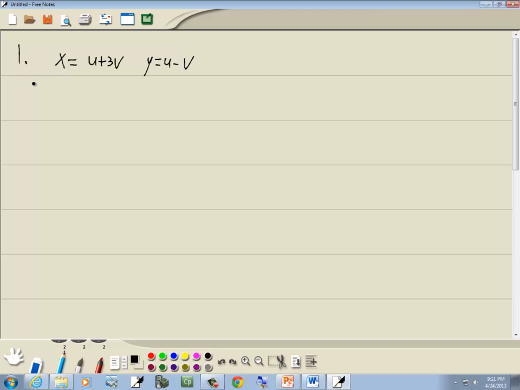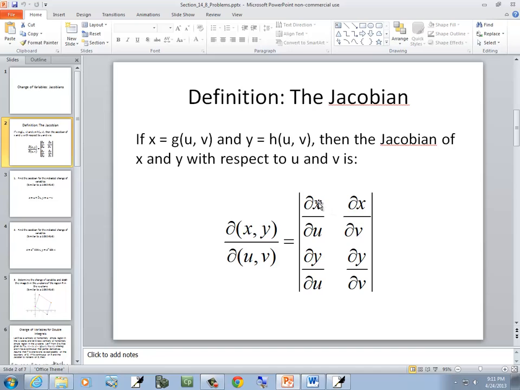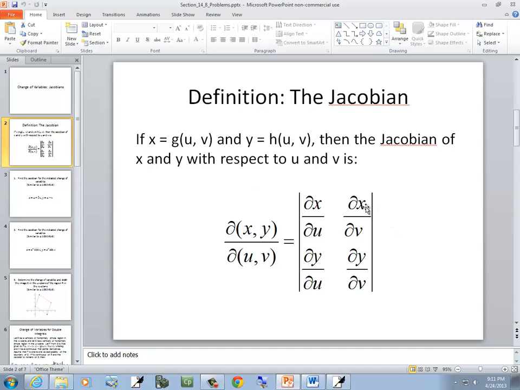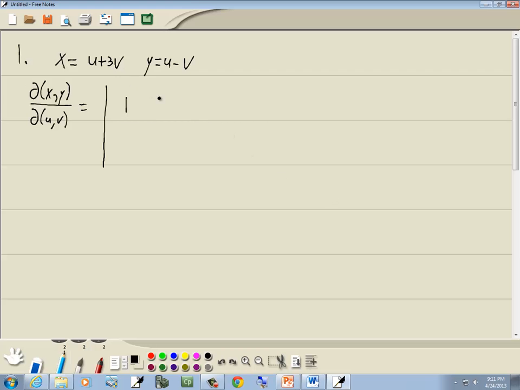Well, our Jacobian is going to be the determinant, and then we got the partial of x with respect to u. So take a partial derivative of x with respect to u, that gives us 1. Then the partial of x with respect to v, well, that'd be 3.